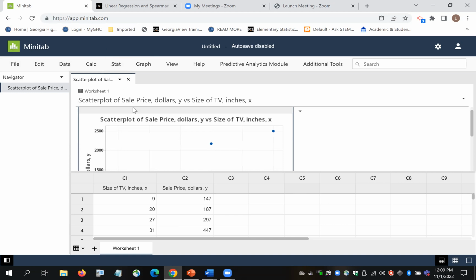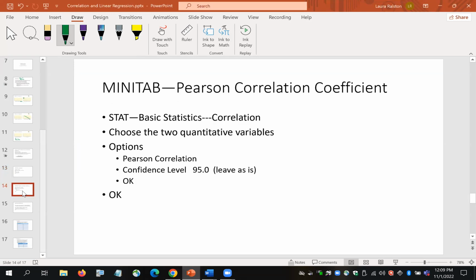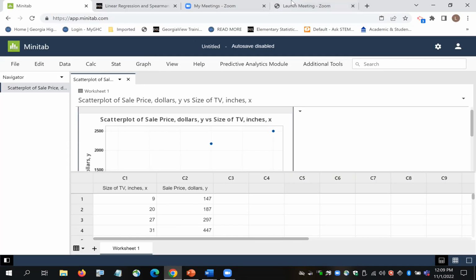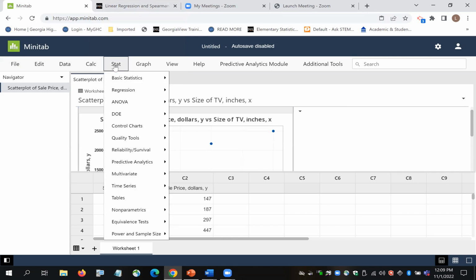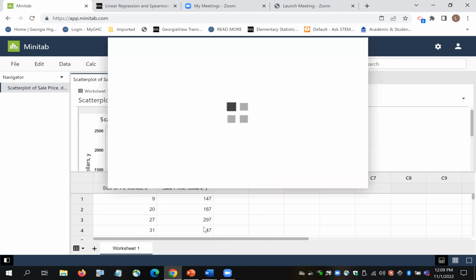So here's how you get your correlation coefficient. The instructions are on the Minitab slide 14. We're going to go Stat, Basic Statistics, and scroll towards the bottom for Correlation.